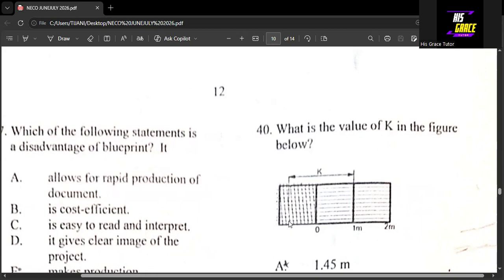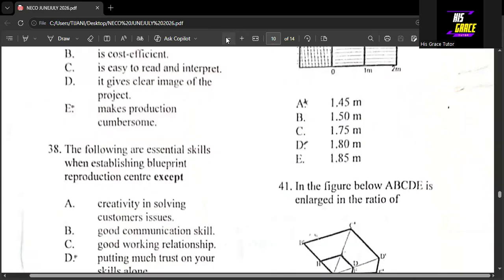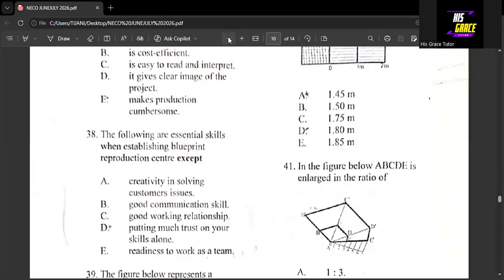Then you go up: 1.71, 1.72, 1.73, 1.74, 1.75. So the value is 1.75, and option C is the answer to question 40.